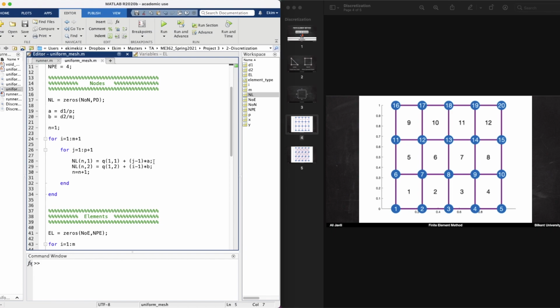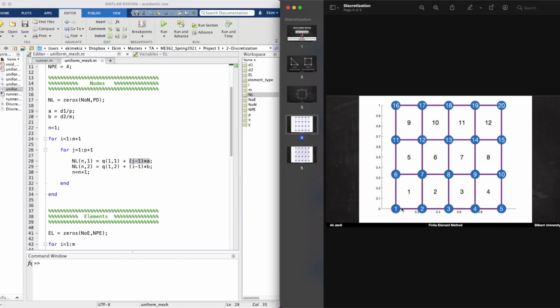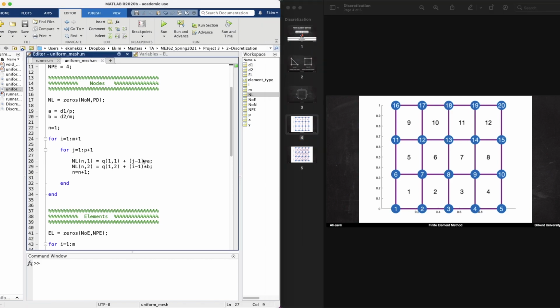So this j minus 1 basically counts our columns. When j is 1, we are looking at the first column, and this thing becomes 0. This is exactly what the x-coordinate of that corner is. And when it's 2, we are looking at this one, the second column, and we add j minus 1, so 1 times a, to it, and so on.